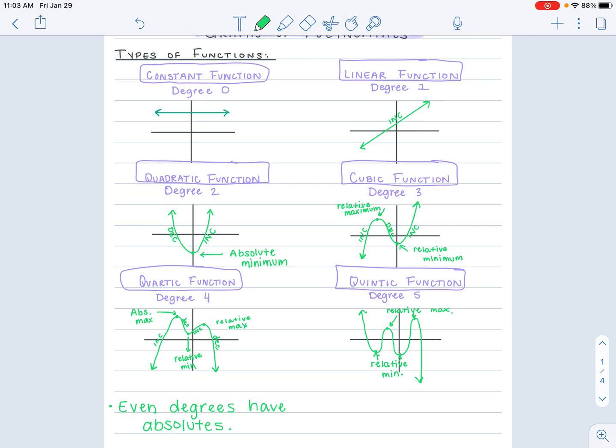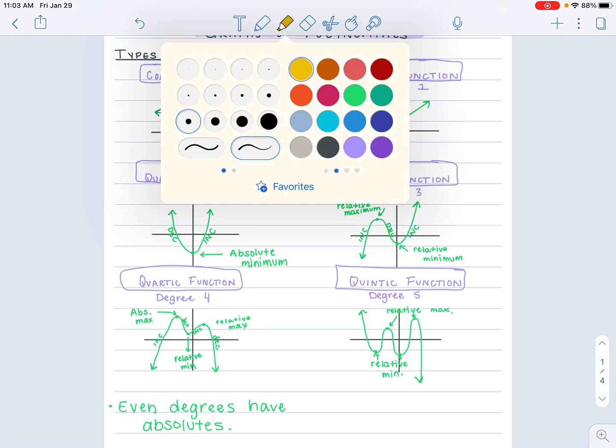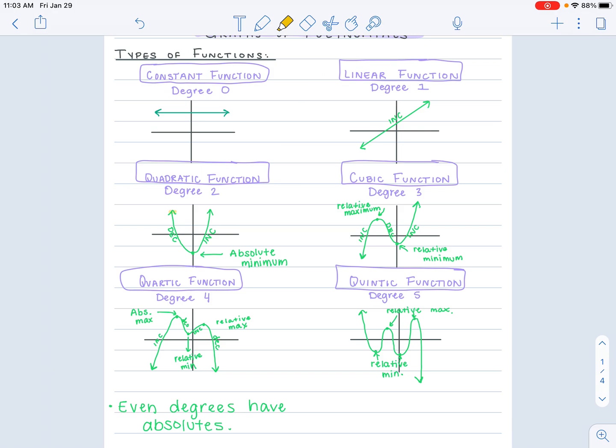Next thing I want you to look at, what do you notice about the even functions? What do you notice over here with the quadratic and the quartic? Is there a trend? I'm hoping the trend you see is the arrows. If you notice, their end behavior, they're both going the same direction. So for even degrees, their arrows are going to be the same.